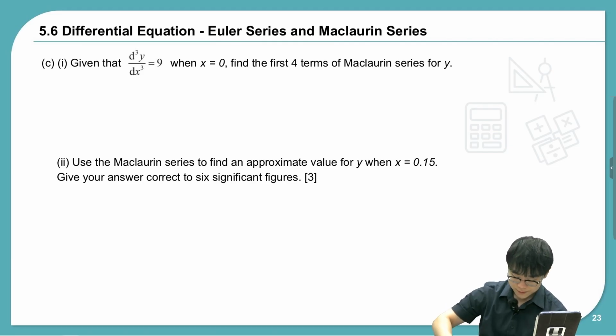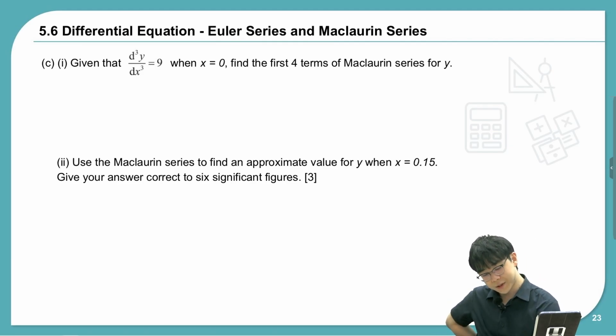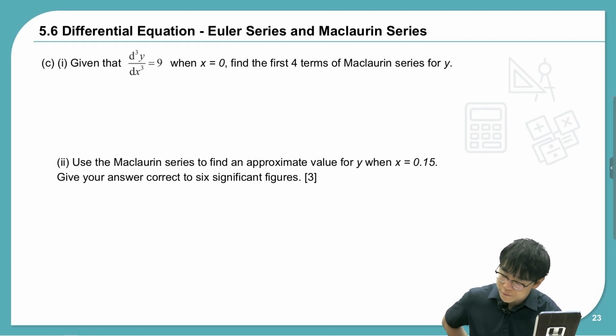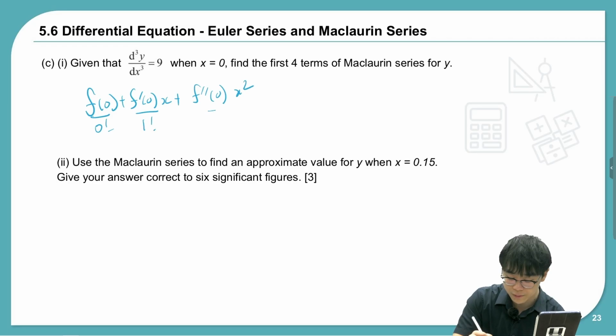Next up, we have part C. Given that the third order differentiation, d cubed y over dx cubed, is 9, let's find the first 4 terms of the Maclaurin series. If you go to your formula booklet, the Maclaurin series is f(0), plus f prime(0) x, plus, and technically there are the factorials that you have to write, f double prime(0) x squared over 2 factorial, plus f triple prime(0) x cubed over 3 factorial.